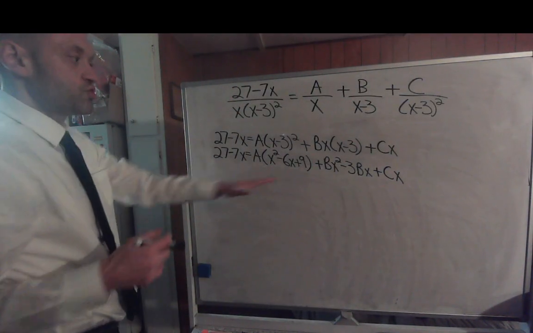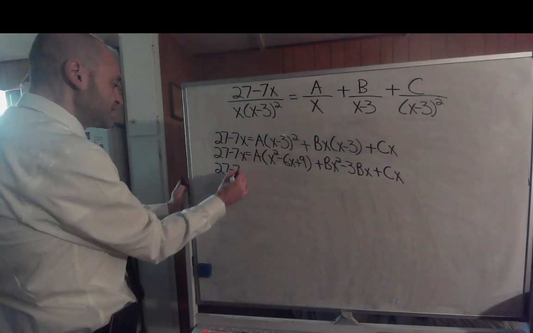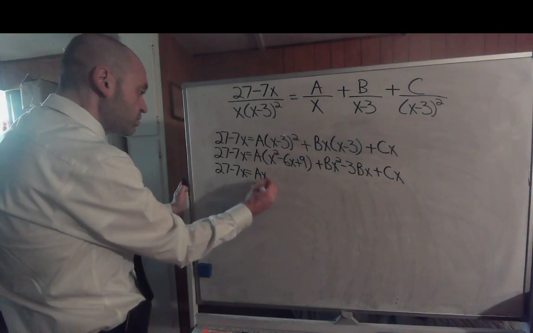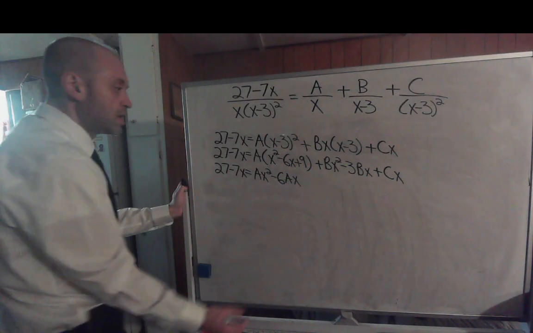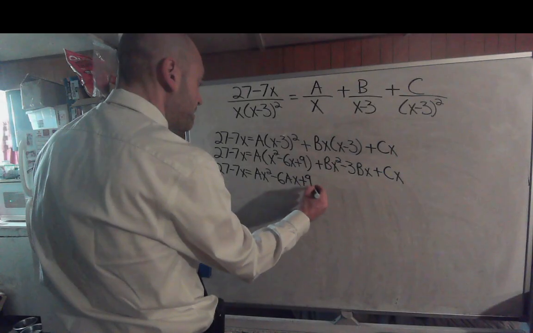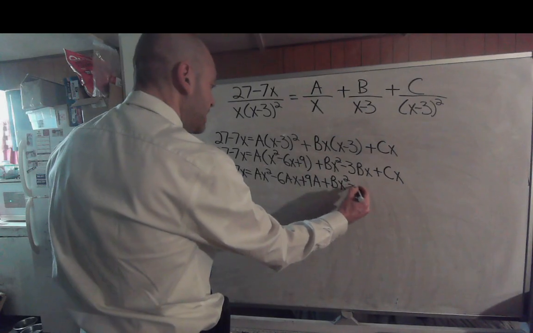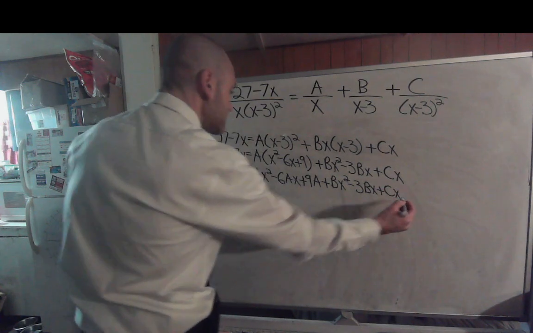Okay, so let's distribute the A. So 27 minus 7x is going to equal Ax squared minus 6Ax plus 9A plus Bx squared minus 3Bx plus Cx.